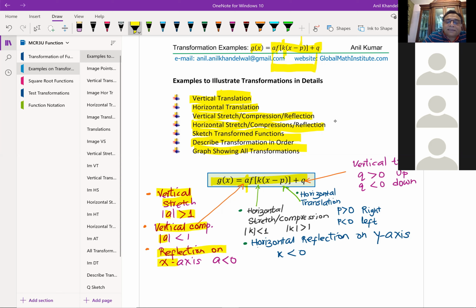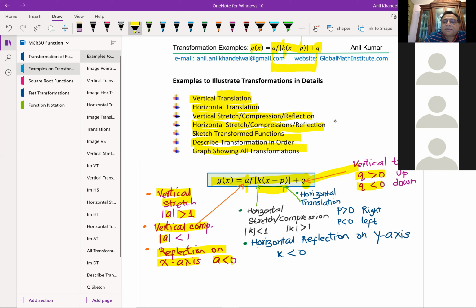Reflection on the x-axis when a is negative. So if I have a minus here in the equation, that function will be reflected on the x-axis. Now, outside parameter q affects the vertical translation. If q is positive, then the graph will move up by q units, and if it is negative, the graph will move down by q units.